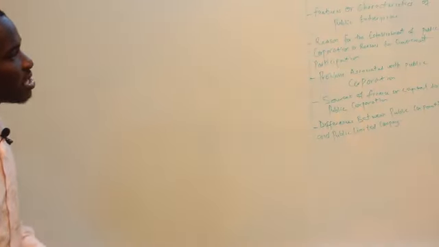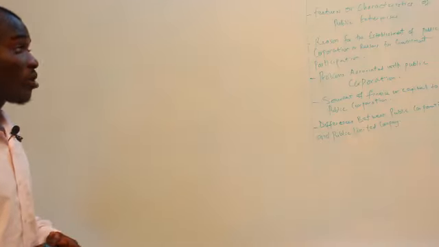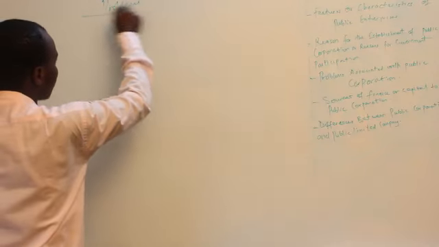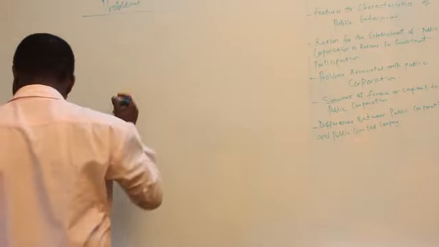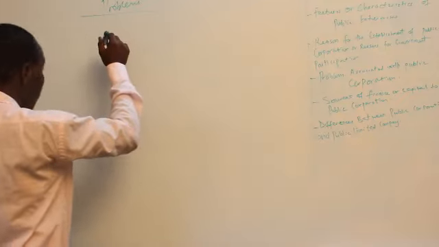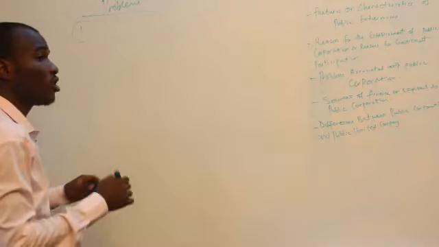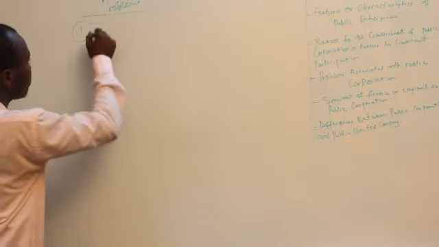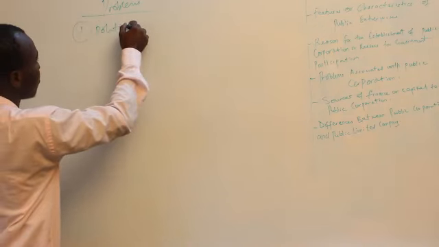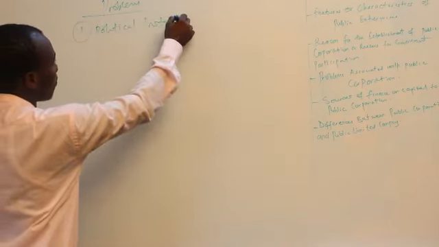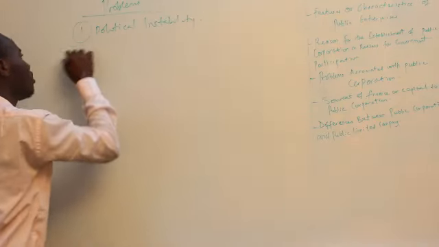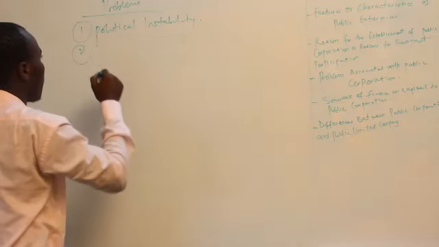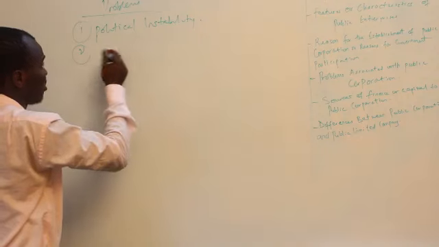So we are going to look at the problems associated with public corporations, and we are going to look at them in the following areas. Number one problem is in the aspect of political instability, and number two is in the aspect of frequent government interference.